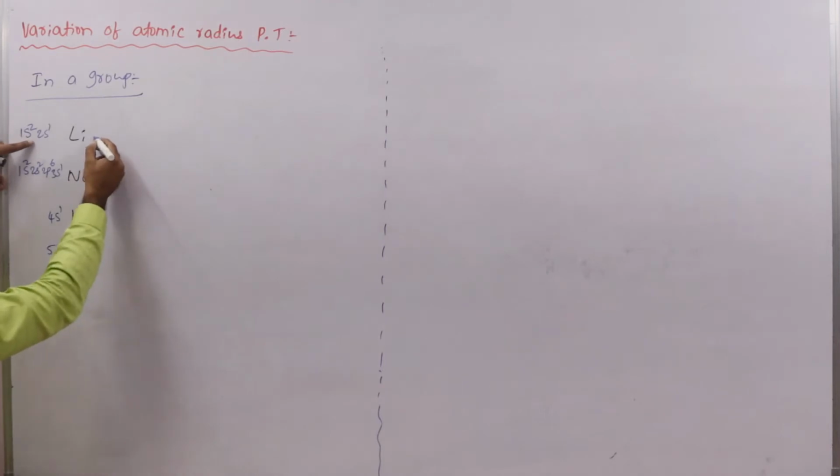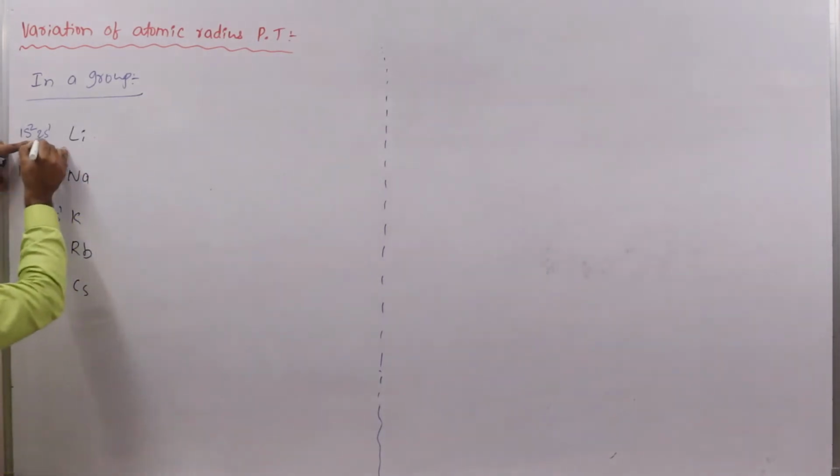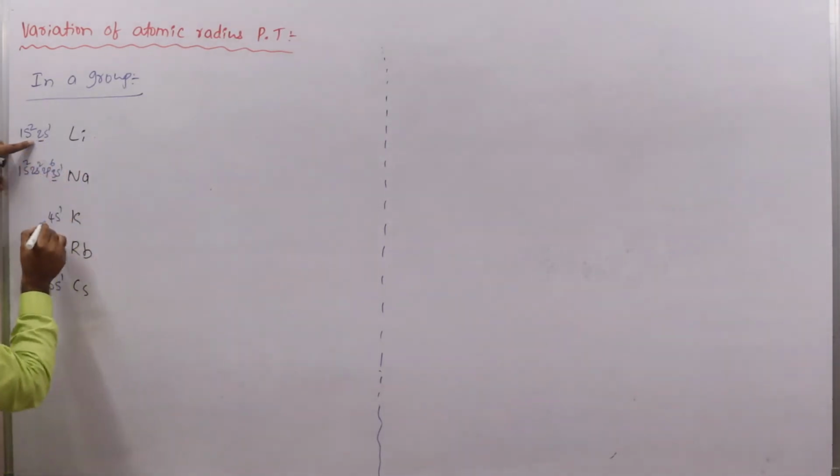So when you observe lithium to cesium, the shell number increases.